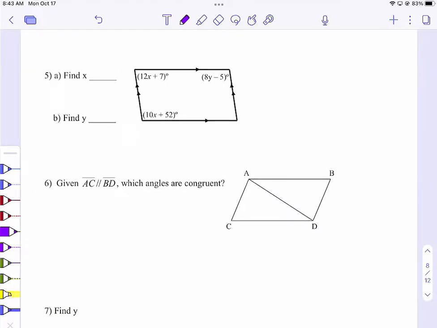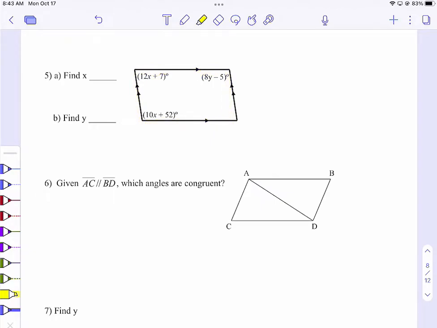So this is a little bit challenging. They're asking you to find x and then find y. And that shape is a parallelogram. If you don't know it's a parallelogram, that's okay. But a parallelogram is a quadrilateral, right? 4 sides, where it's got a pair of parallel sides and another pair of parallel sides.